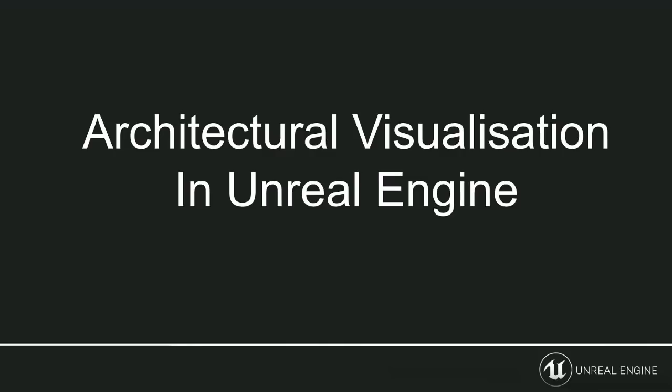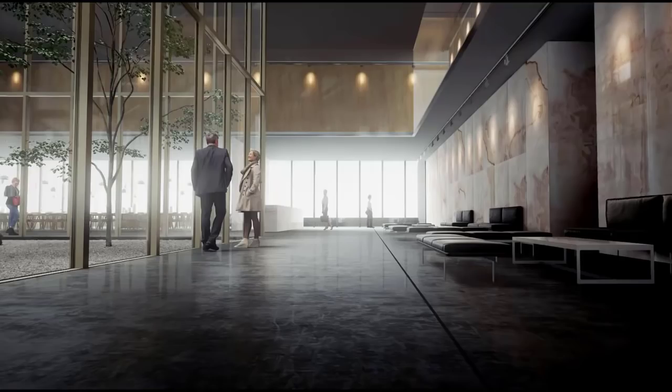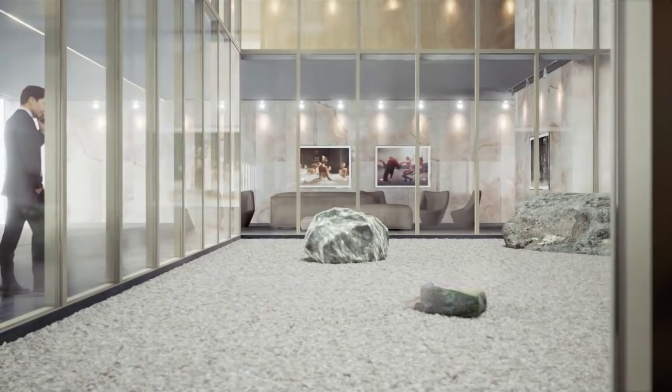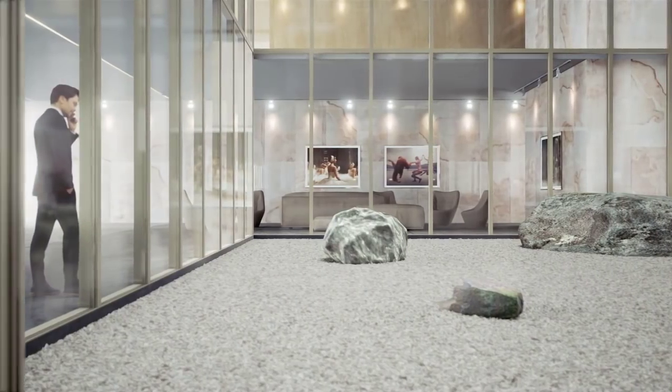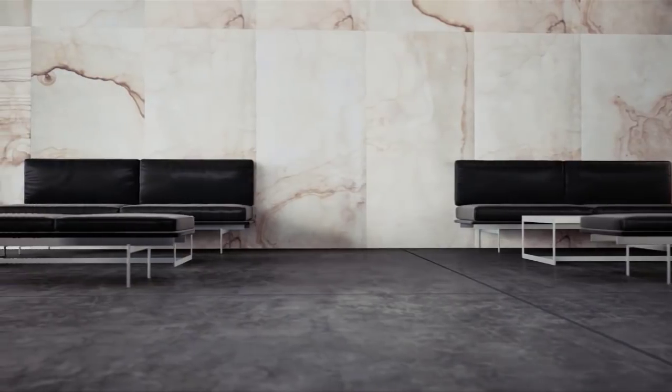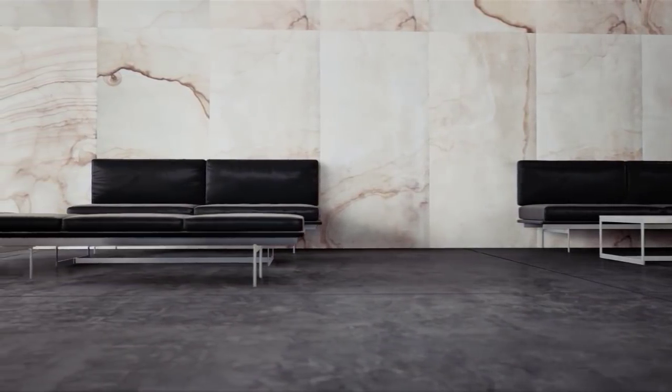Thanks, Chris. Hi, everybody. So today we're going to talk about this very exciting subject of architectural visualization in Unreal Engine. I'm going to take you through some of the projects I've been working on lately. Some were personal projects and some were collaborations with people from Arte Factory in Paris on this lobby scene, for example.